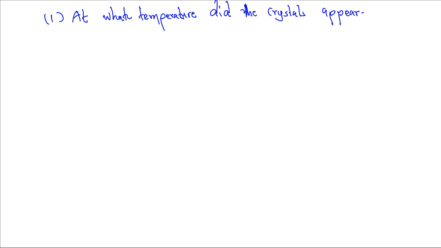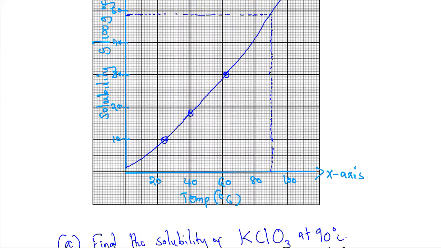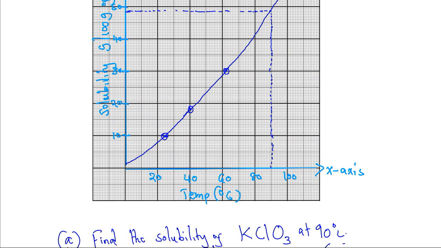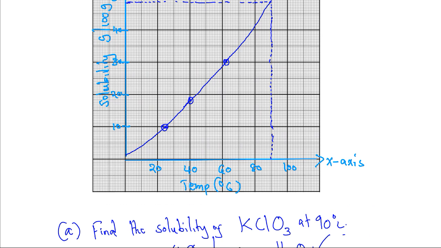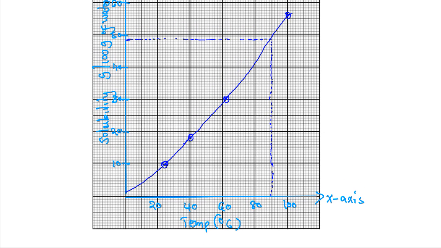First of all, we'll look at the solubility. So it is 80, not 30, but 80 and 25. At 80 degrees Celsius, cooled to 25, then at what temperature did the crystals appear?